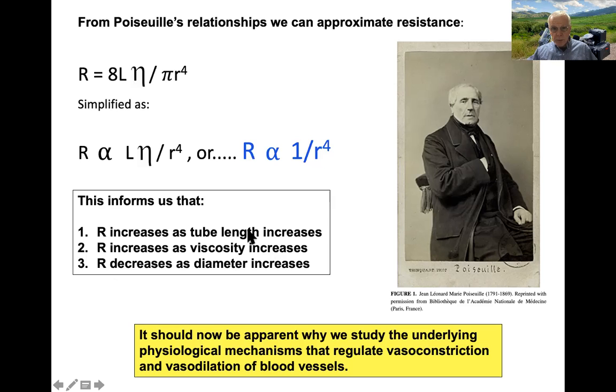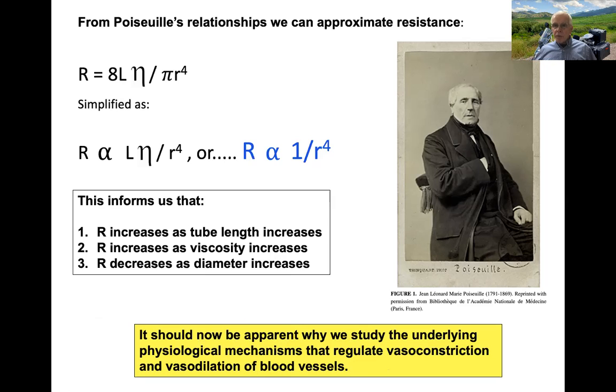Neither of those turn out to be really important. Resistance decreases as diameter increases. That's real important. In fact, before I put this together for you, I changed the color on some of these things to draw your attention to this. I think it should be apparent why we study the underlying physiological mechanisms that regulate vasoconstriction and vasodilation of blood vessels.